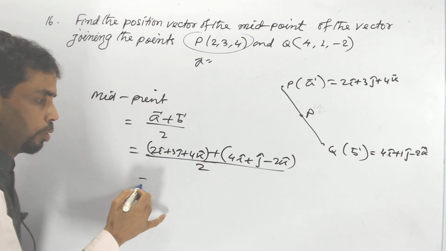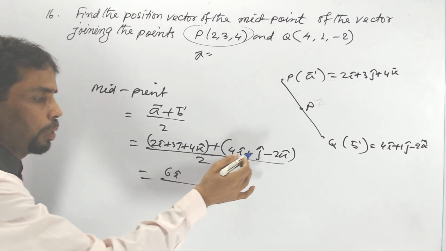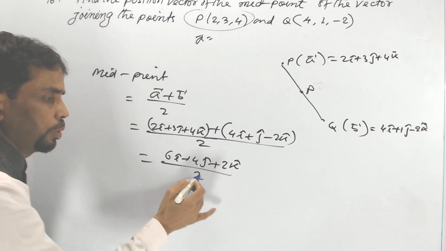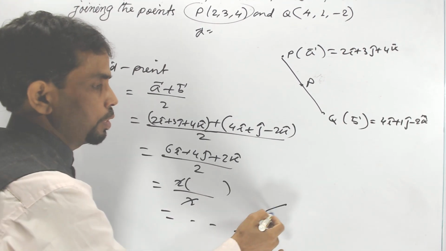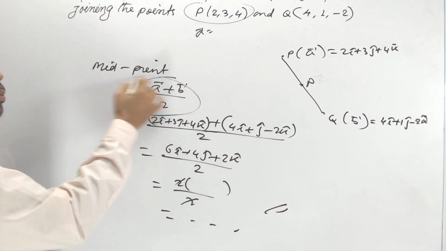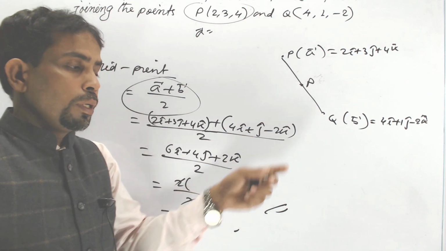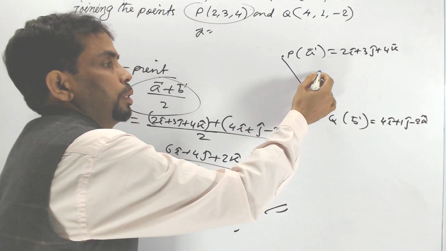We can simplify the numerator, combine. 2 plus 4 is 6i, 3 plus 1 is 4j, plus 4 minus 2 is plus 2k, divided by 2, and you can take 2 common and cancel with this 2, and you can get the answer. So this is how we find the midpoint. This is the midpoint formula. Midpoint means 2 points are given and you are finding the middle point. Whatever you get, it will be a vector, and it is the position vector of the midpoint.